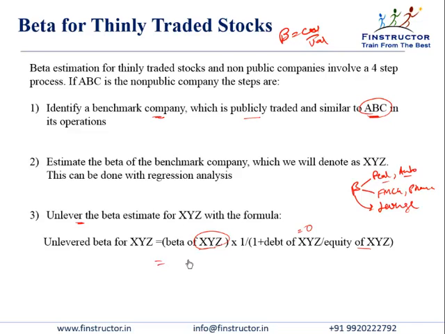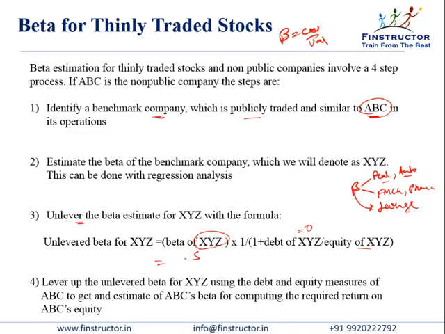So let's say the beta was 0.5 and the debt equity was 1:1, then the unlevered beta would be 0.5 upon 2, that is 0.25. So 0.25 was the risk of the business, and another 0.25 risk came in because of this 1:1 debt to equity. So unlevered beta will be lower than the equity beta. This is referred to as the equity beta. This is the asset beta or the unlevered beta.